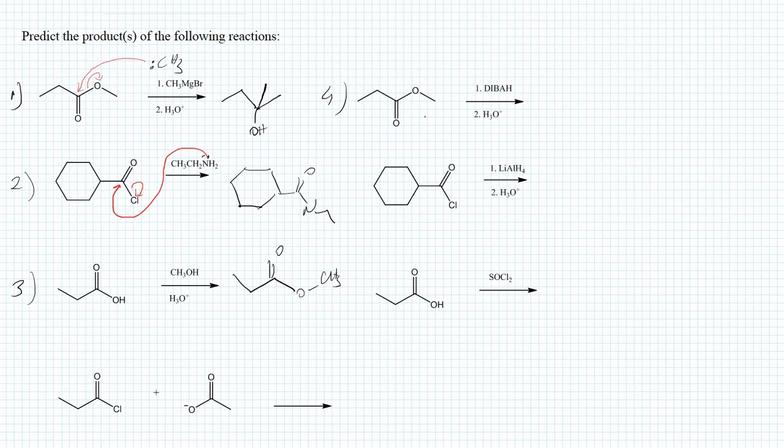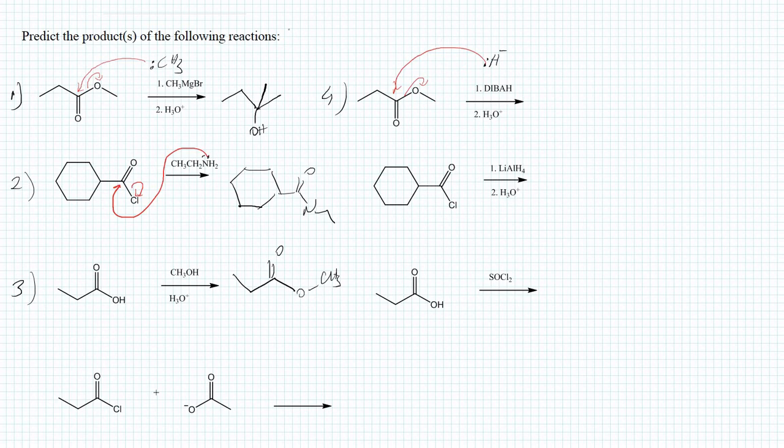Let's look at here. We have an ester. Here we have DIBAL, and then we are adding acid. DIBAL is a mild reducing agent. It's a hydride source. Let's draw it as a negatively charged hydride. So what's going to happen? Hydride is going to attack the carbonyl carbon and will substitute this part, and we know that DIBAL is a mild reducing agent, so we can stop at the aldehyde level in the reduction.